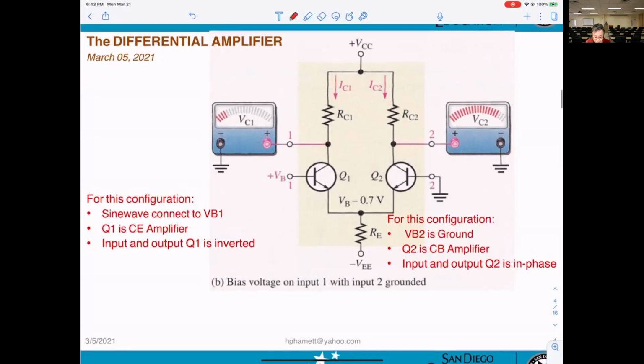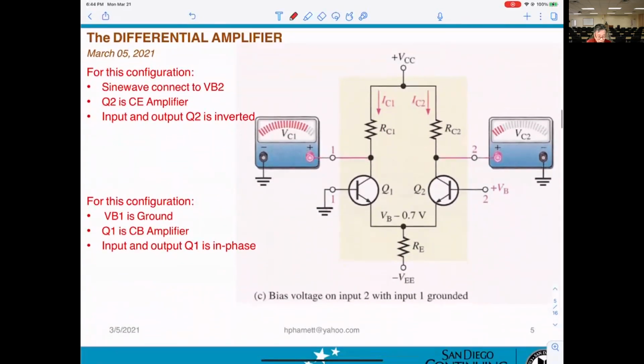For this configuration, VB2 is grounded. Q2 is a CB amplifier. Input and output will be in phase. We already talked about that.